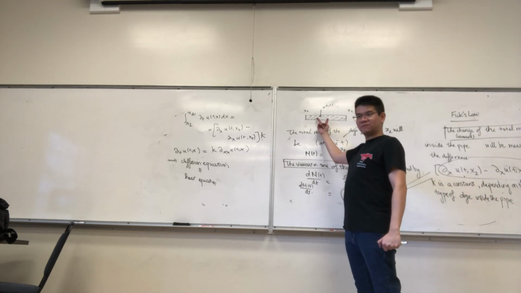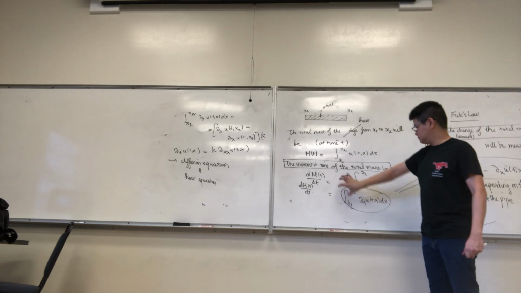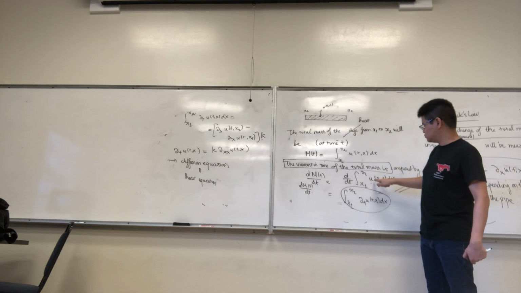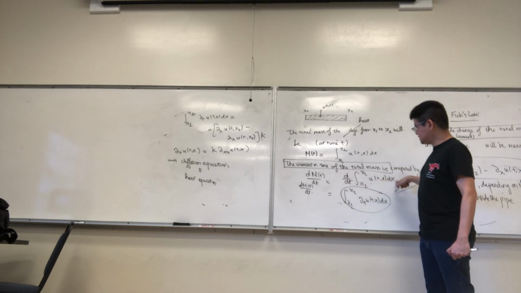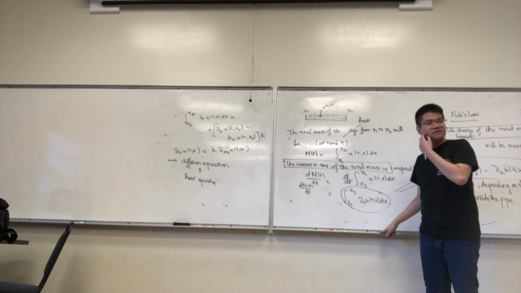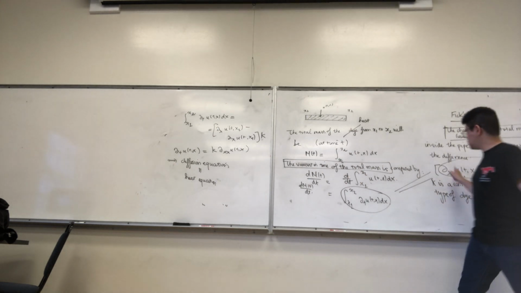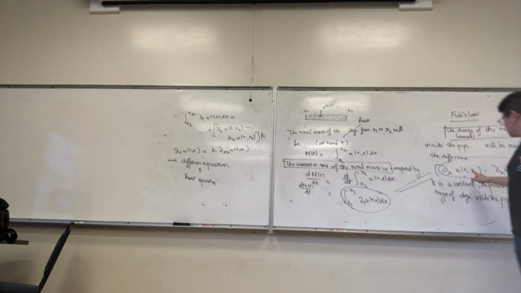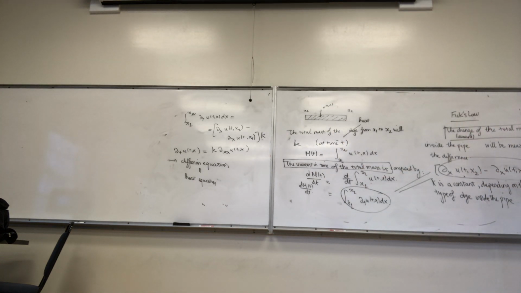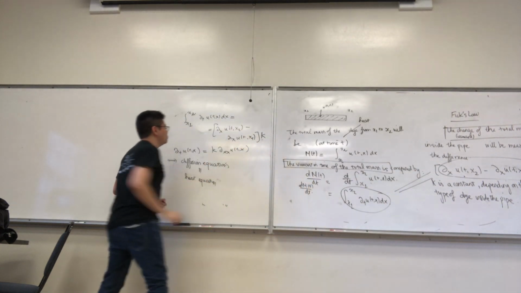You compute the total mass from x1 to x2, which is the integral from x1 to x2 of u(t,x) dx. The change of the total mass will be the derivative in time of this quantity, right? But the change of the total mass can also be computed by taking the change at x2 minus the change at x1, and these two quantities are equal.